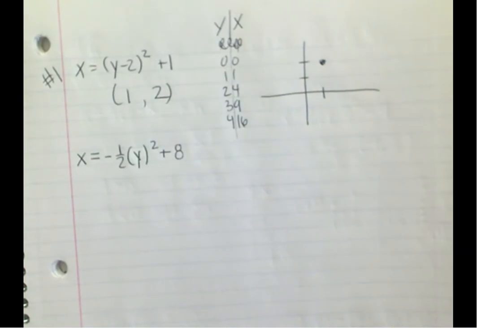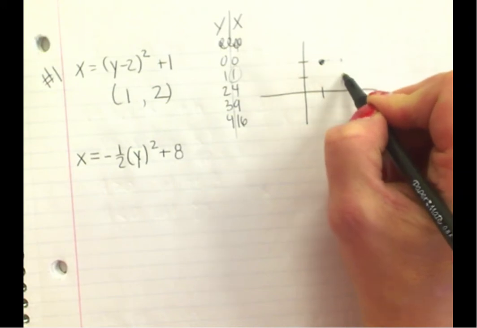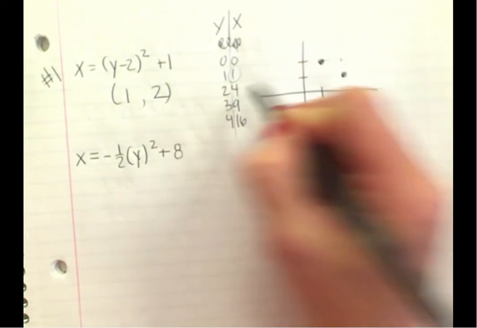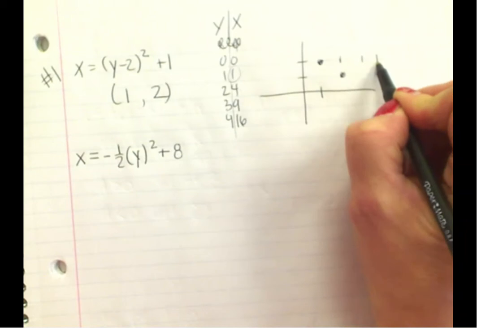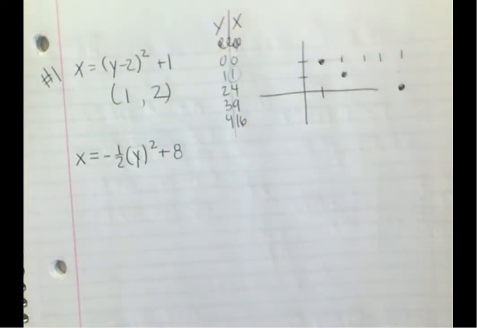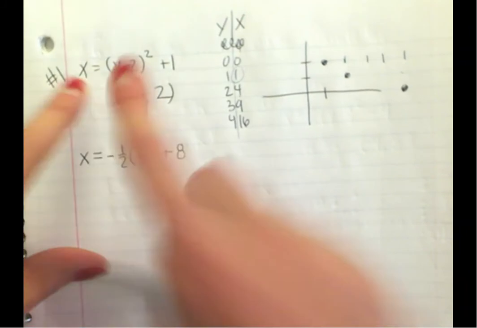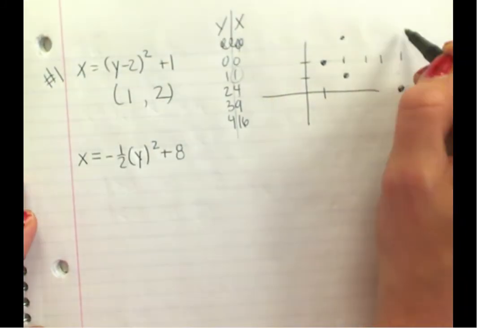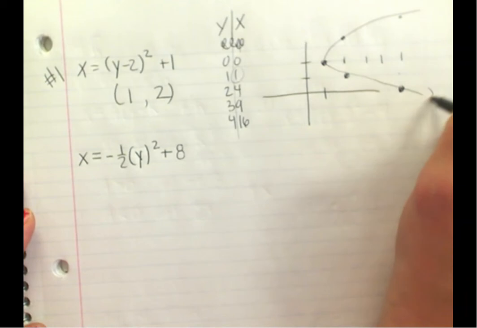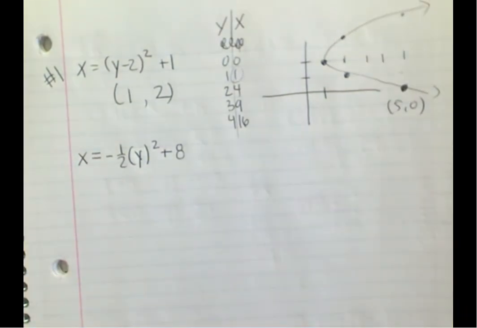Notice that the second column is X's, so I'm going to go over 1, down 1, over 4, down 2. That's how the counts work. You have to switch your titles because this is the switched X and Y. And then I reflect. And so I was asking you to label certain points so I could see how big your graph was to see if you actually got your points oriented correctly.